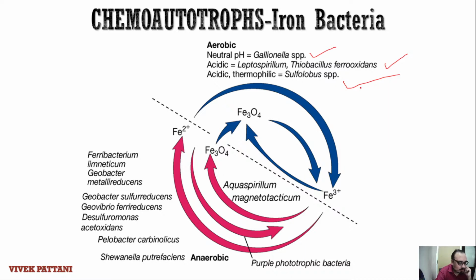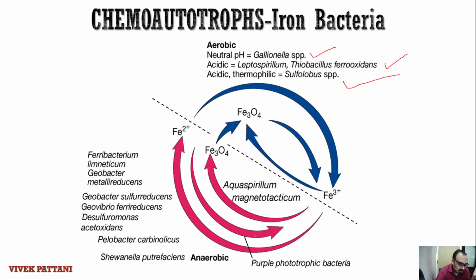Now one of the bacteria under anaerobic conditions, which is also known as a type of magnetic bacteria, converts Fe3+ into Fe3O4, and the bacterium is Aquaspirillum magnetotacticum. I am repeating the word again, Aquaspirillum magnetotacticum.